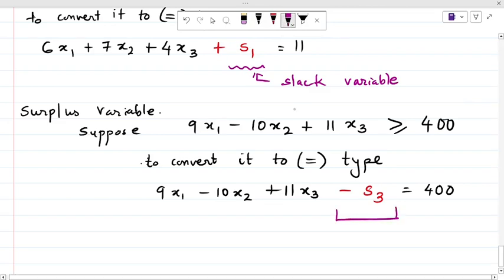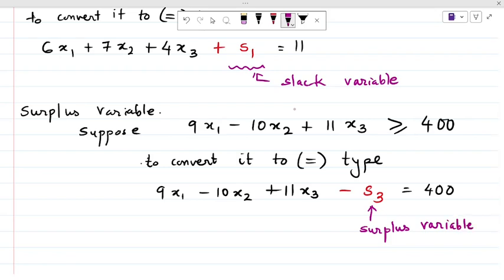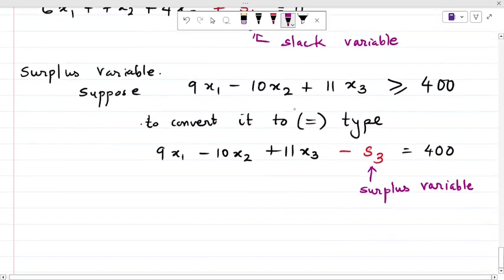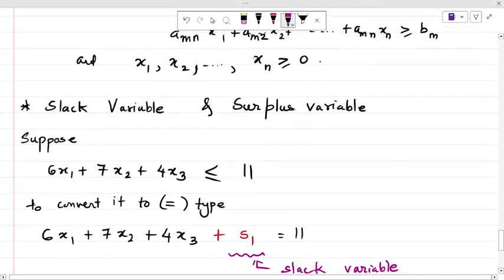Surplus variables and slack variables together are also called admissible variables.